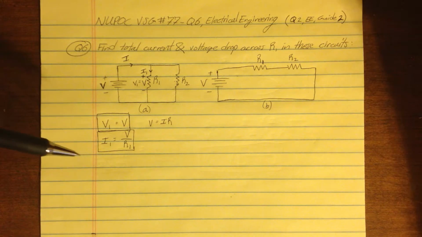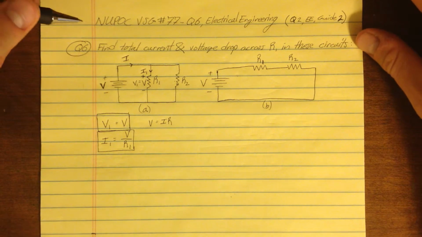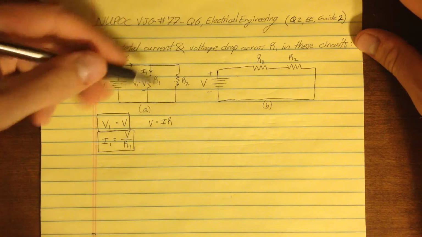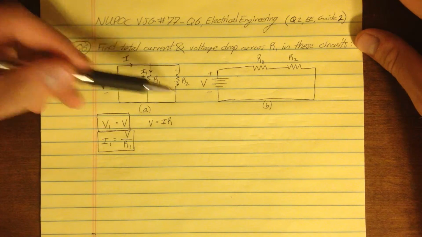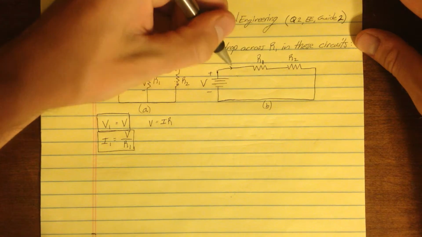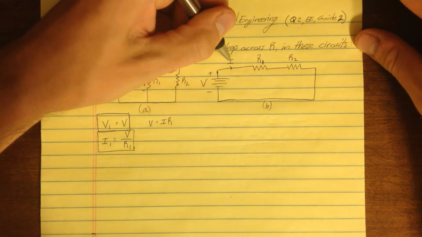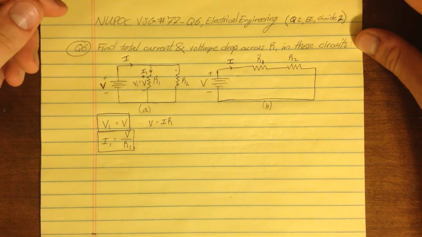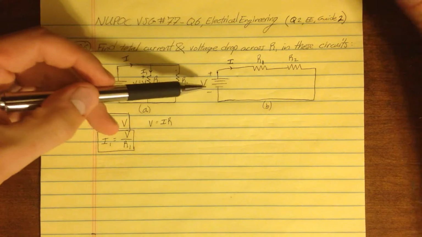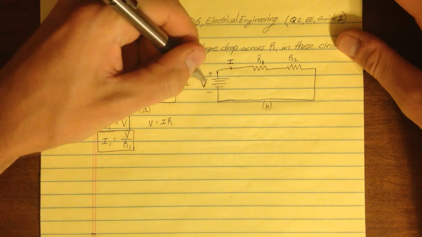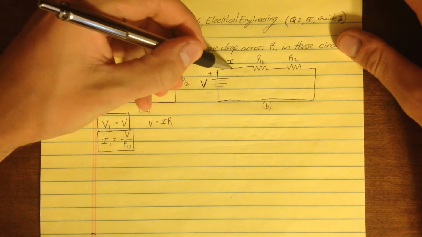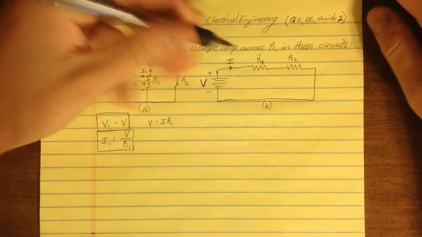So let's take a look at circuit B. All right, a little bit different. We've got a series wiring. So instead of having the same voltage across both resistors as in the parallel case, now we have the same current, I, going through both resistors. We don't know what I is, but we can assume that V is given.